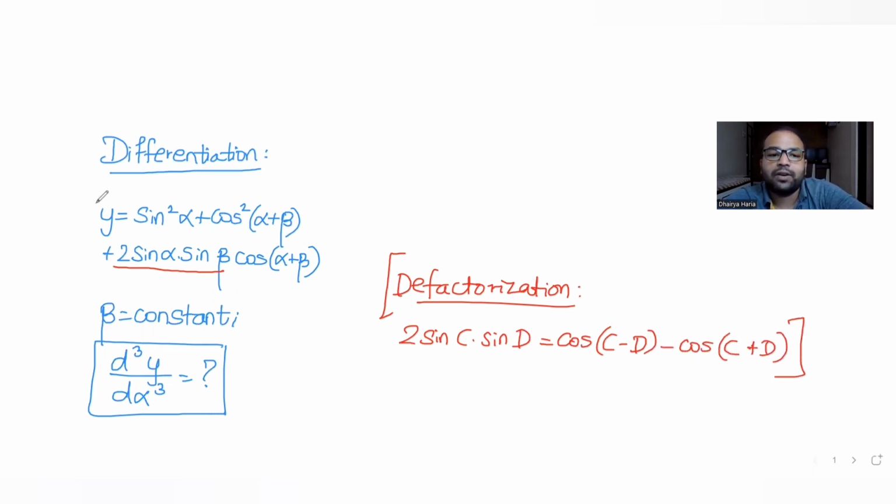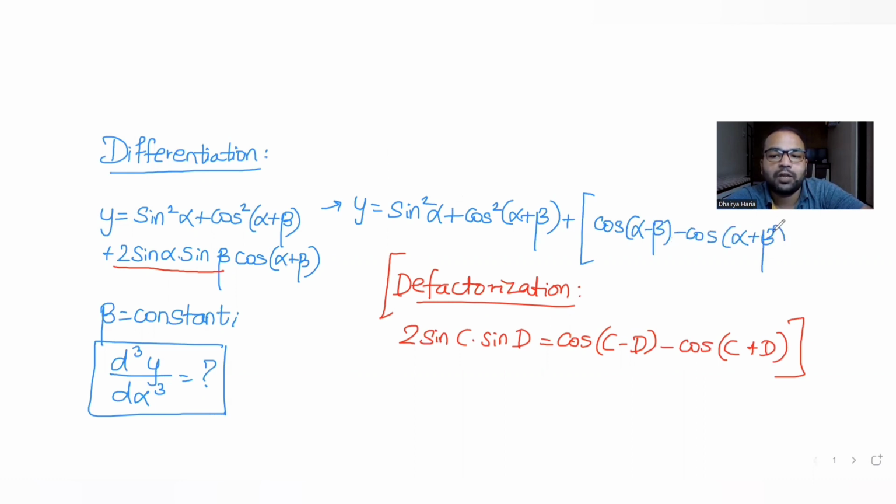If I use that here, my expression for y becomes simplified. So y becomes sin²α plus cos(α+β) times [cos(α−β) minus cos(α+β)].